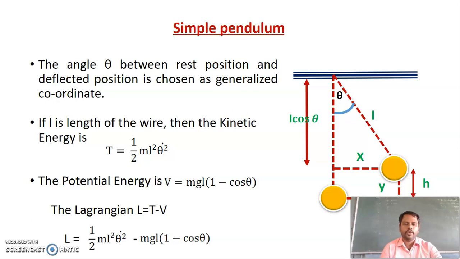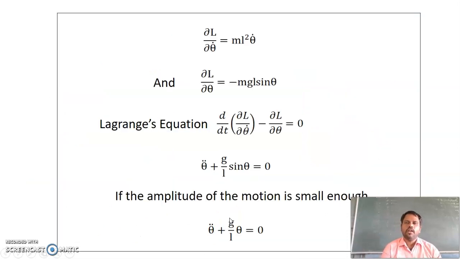Now all I need to do is differentiate this L term with respect to theta dot and with respect to theta. Differentiating L with respect to theta dot gives you m L square theta dot.